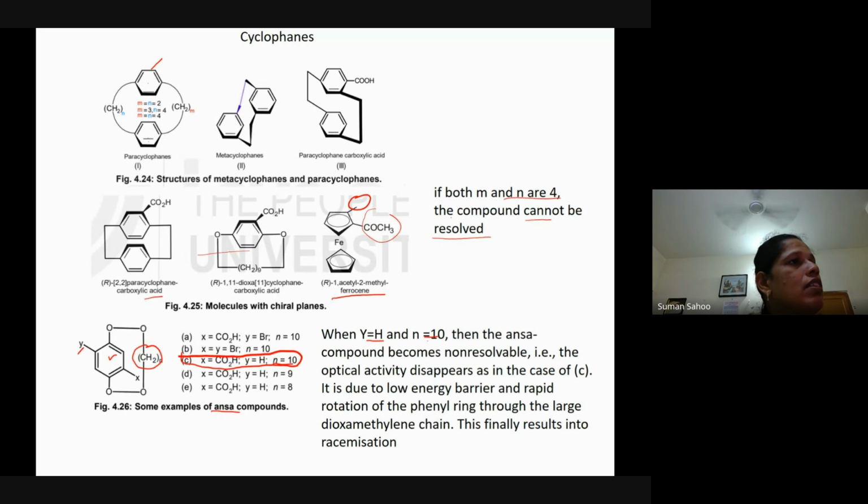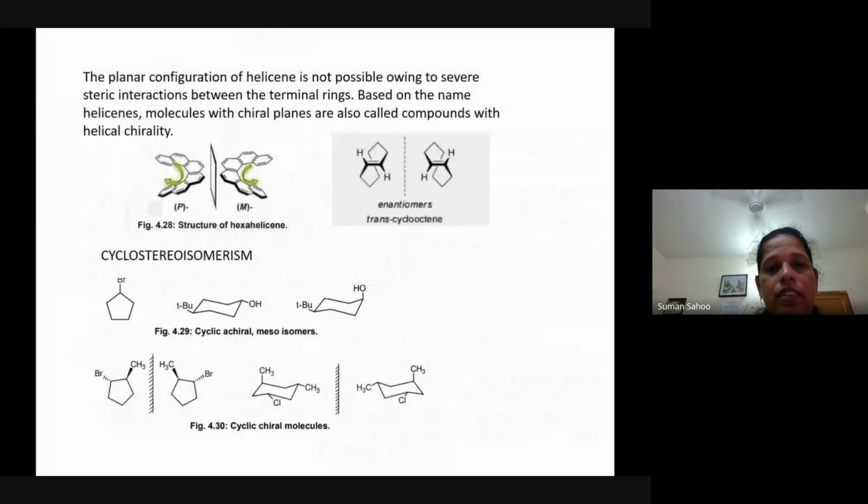I have not put it in your slides. Chirality due to helicity, like your helicenes, these are hexahelicenes. You cannot turn this to get its mirror image, the other enantiomer, because of the steric interaction between the terminal rings.